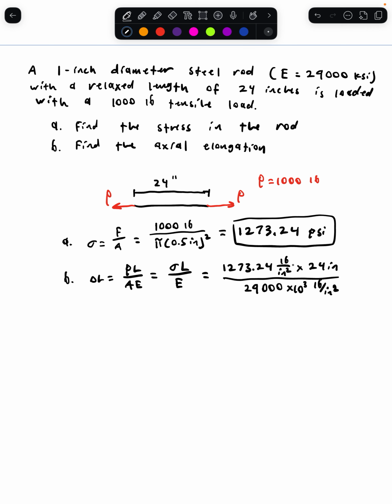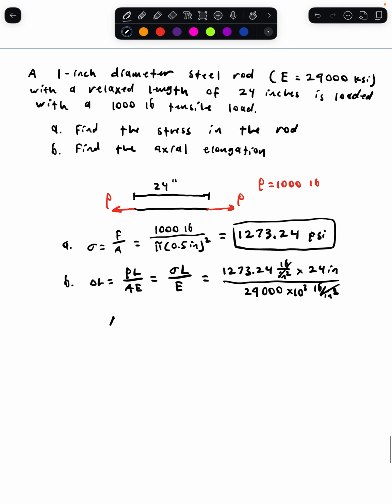I wrote it like that so these would cancel here, and we're just left with inches. So our axial elongation, which is the change in length, is going to be 0.001 inches, about a 1,000th of an inch.